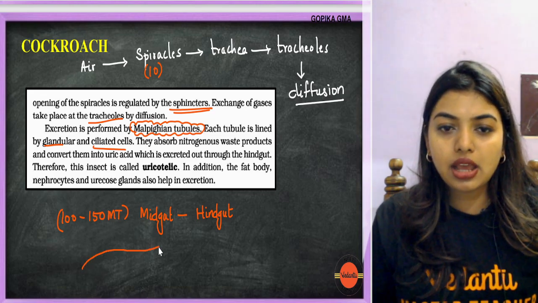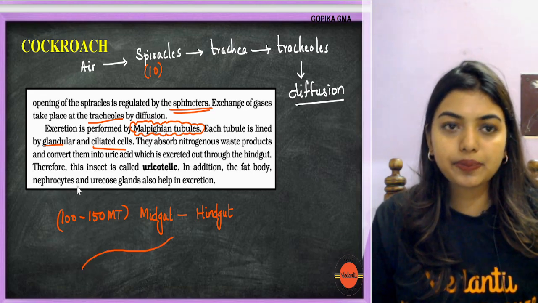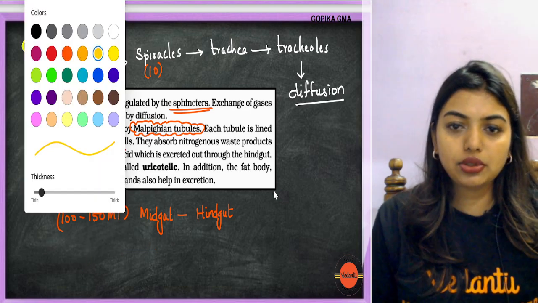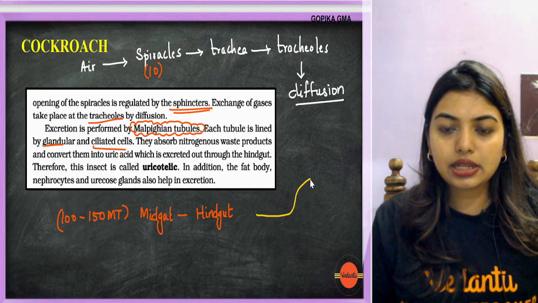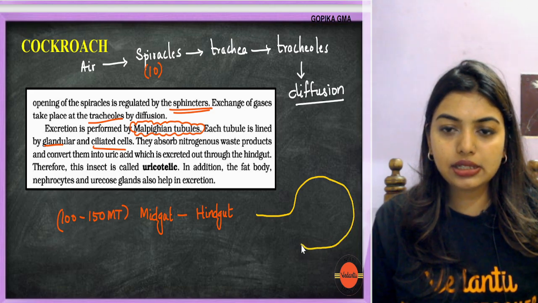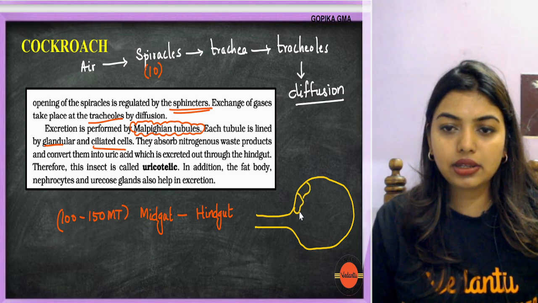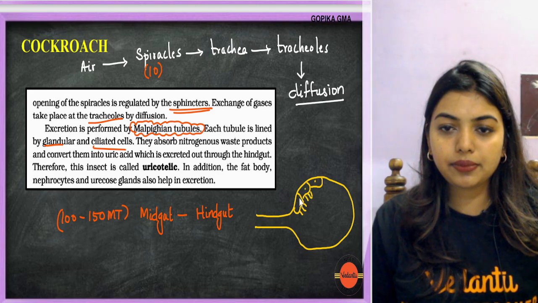Now if I take one Malpighian tubule like this, I will draw the Malpighian tubule like this. Each of them is lined by ciliated epithelium.